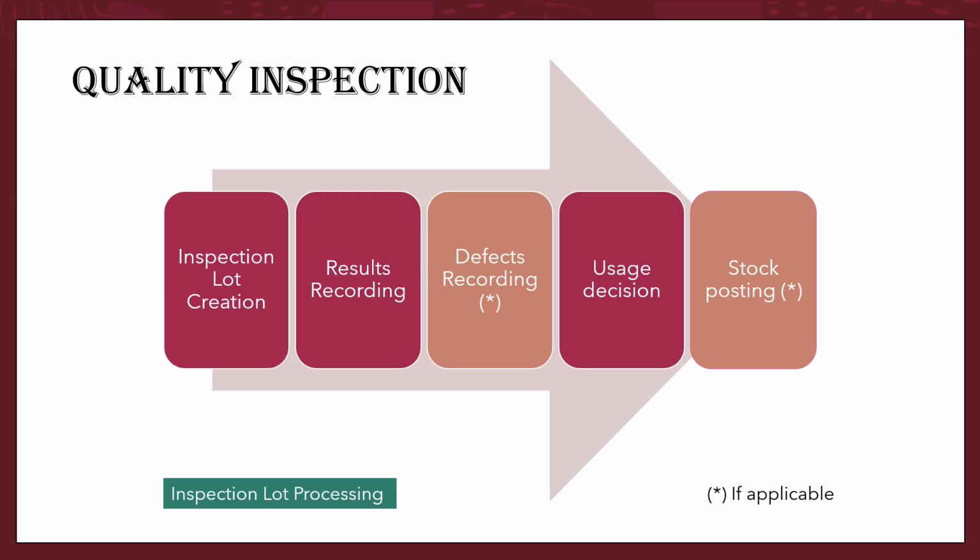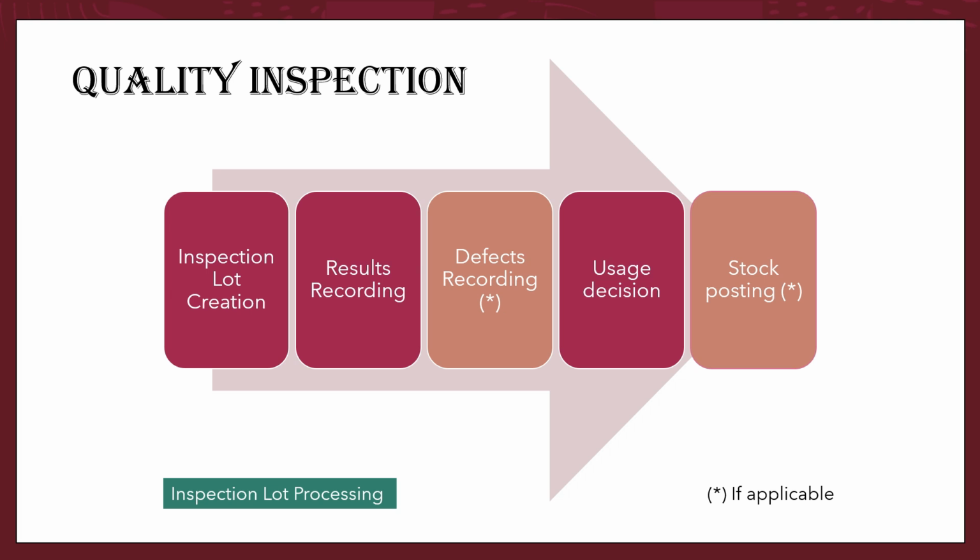After the creation of this inspection lot, which is kind of a tracking object, let's say, for the entire quality inspection of that material in particular, and when the material is controlled by batches, it's for that particular batch as well.